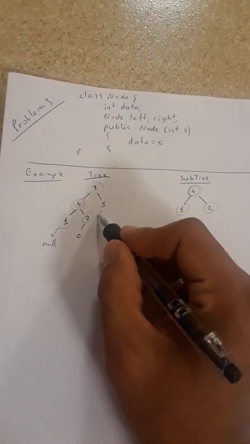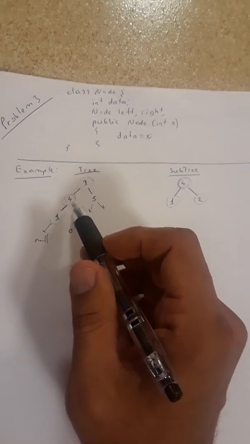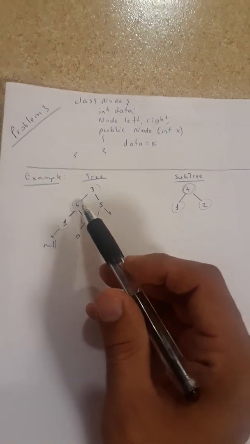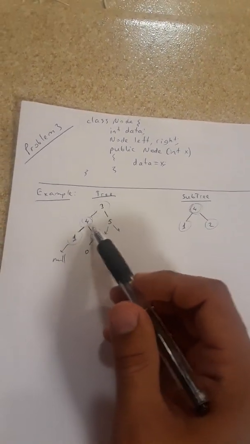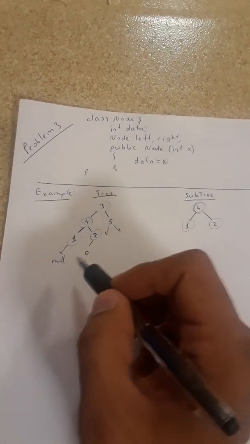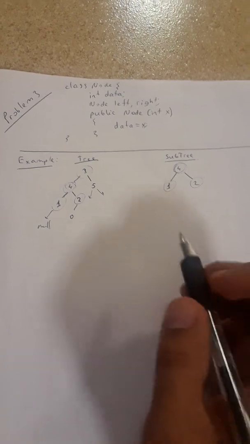If we do not find any equality, we will just return false. But if at some point we find equal nodes, we'll keep checking the other children of that node to see if they're equal or not.